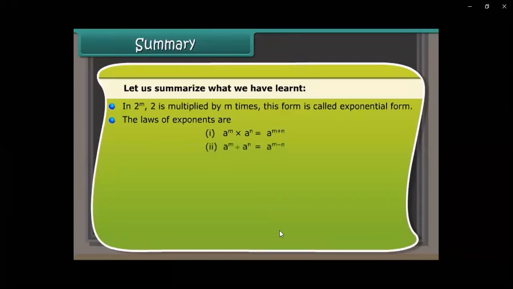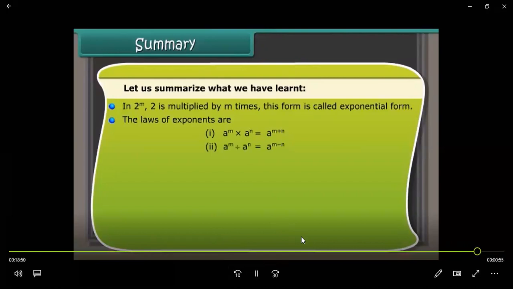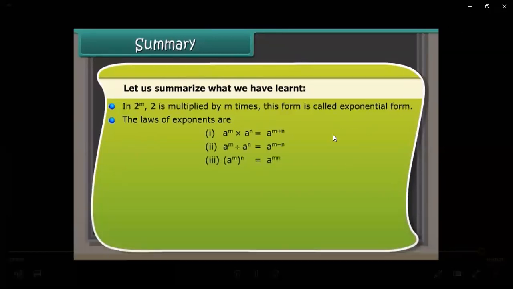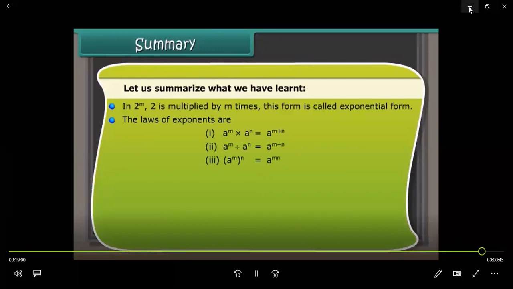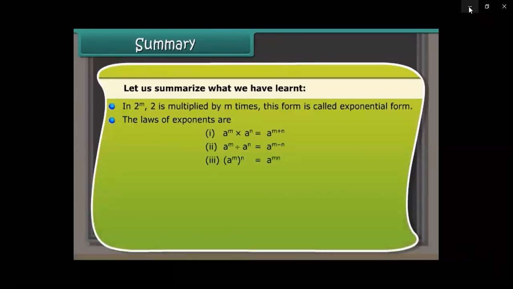Okay. Then this is the second law. A raised to the power m divided by a raised to the power n, that's equals to a raised to the power m minus n. Third law, a raised to the power m whole raised to the power n, that's equals to a raised to the power m into n. Then fourth law, a raised to the power m multiplied by b raised to the power m, then we can write it as ab whole raised to the power m.